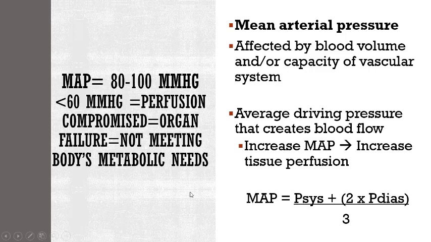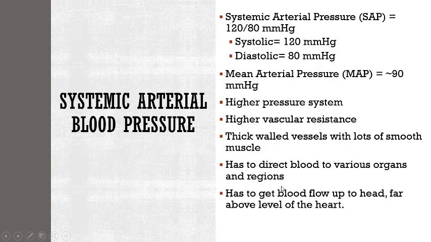The way that we figure out MAP is by taking your systolic pressure plus 2 times your diastolic pressure, divided by 3. And that's going to give you your MAP. I will give you guys practice for this, but this is the math associated. So if you go back here, it would be your systolic pressure plus 2 times your diastolic pressure.